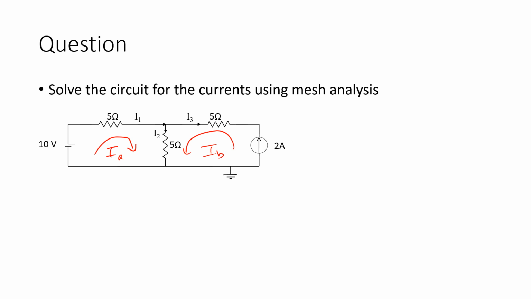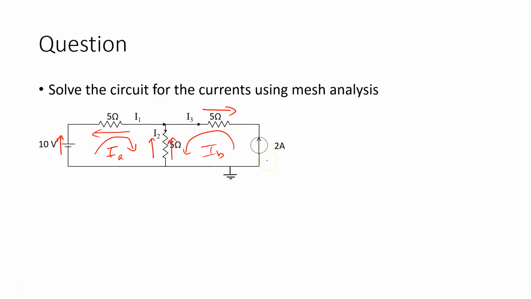So then I have to draw the voltage arrows. Again, for the voltage source, it doesn't matter what direction the current is going, the voltage always goes from negative to positive. For the 5 ohm resistor, again opposite direction from the current.